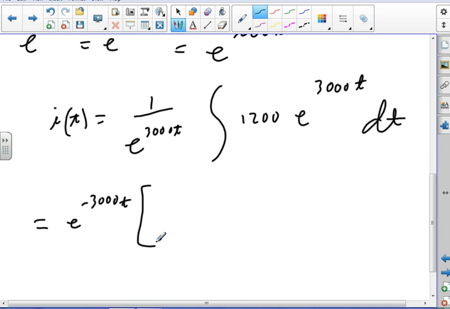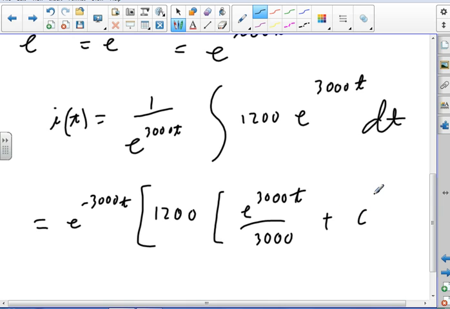Does 12 go into 30? No, it doesn't. Okay, so I'll write this as 12,000 times e to the 3,000 t over 3,000 plus c.